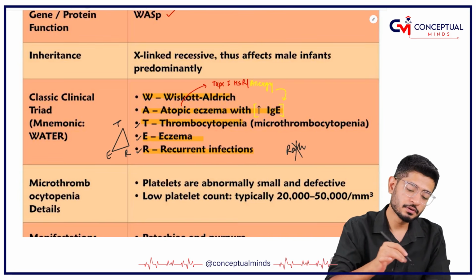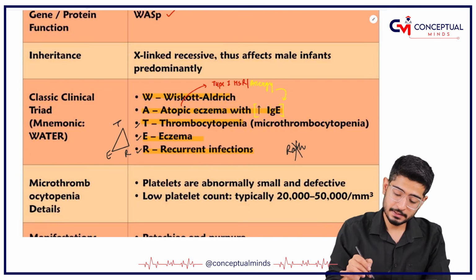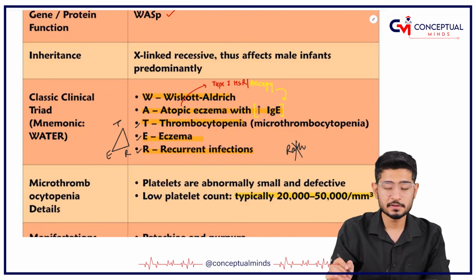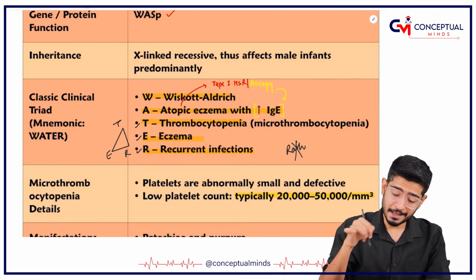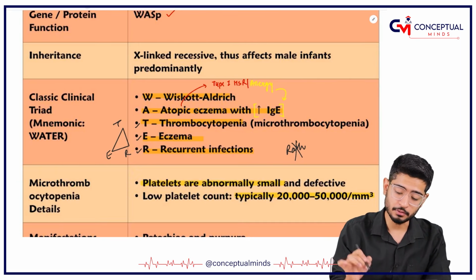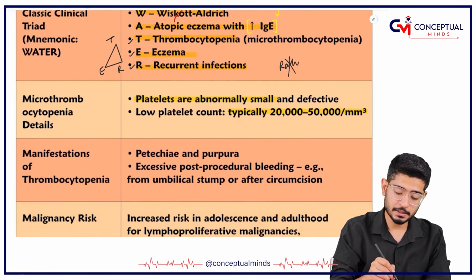Now thrombocytopenia. Platelets are typically 20,000 to 50,000, but it is microthrombocytopenia because the platelets are also very small. That leads to petechiae and purpura, as I've already told you.